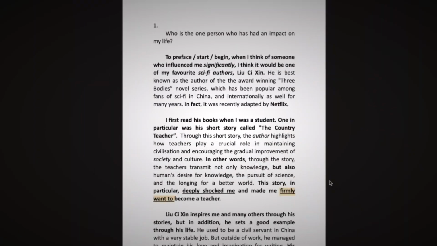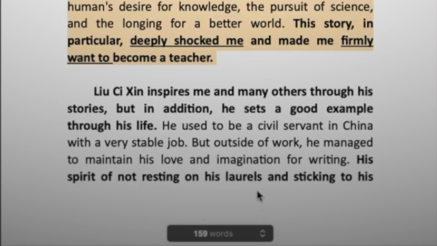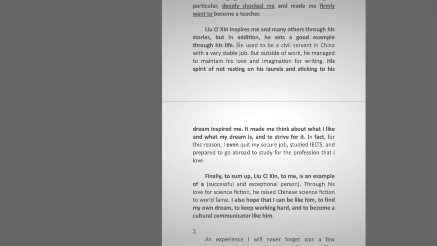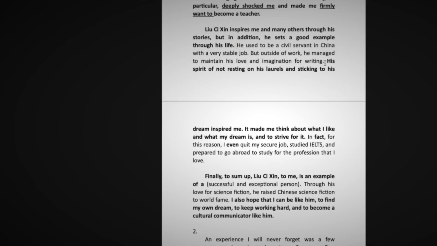For IELTS speaking task 2, that's the length that you want. Can you see that? 159 words. Yeah. So it's great that you gave that as detail in the writing.